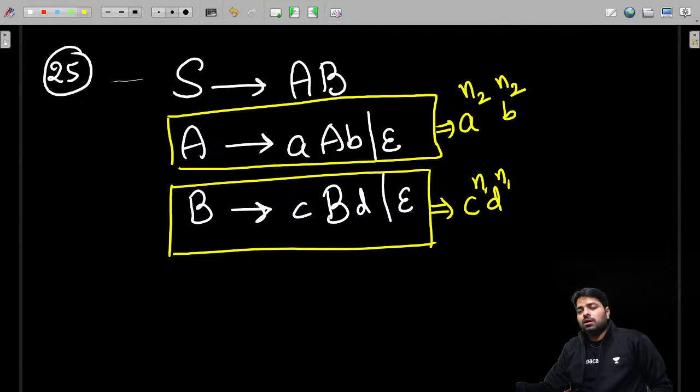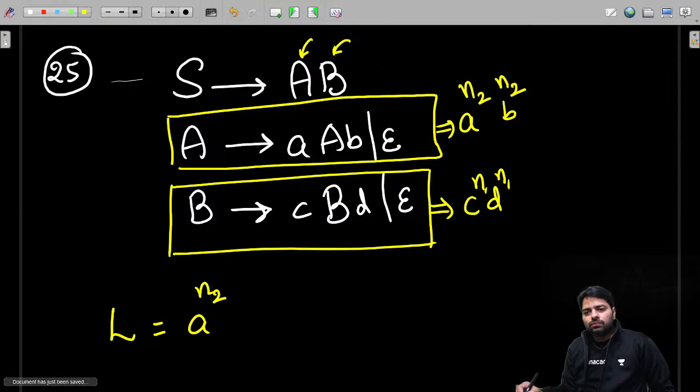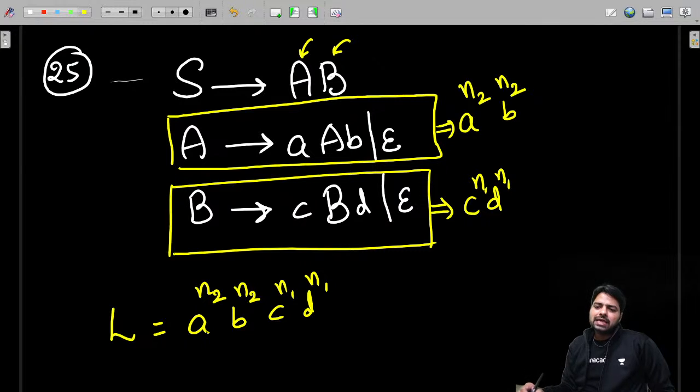Now, substitute them. The language is equal to capital A substituted with A power N2, B power N2, and this is C power N1, D power N1. So you will get A power N2, B power N2, and then C power N1, D power N1. By understanding this, people can write very easily.